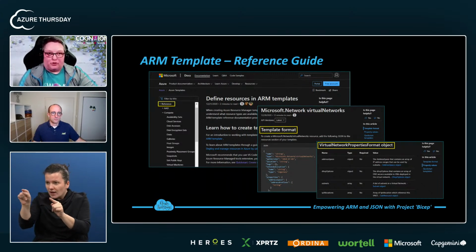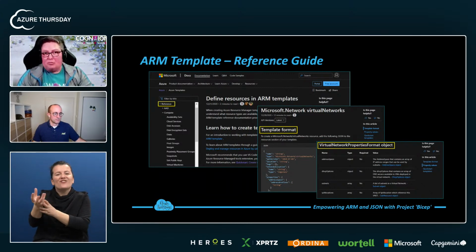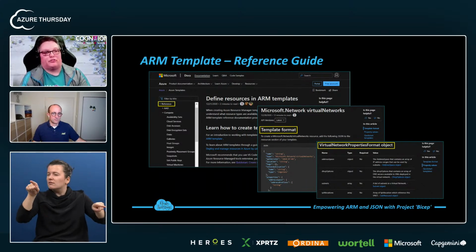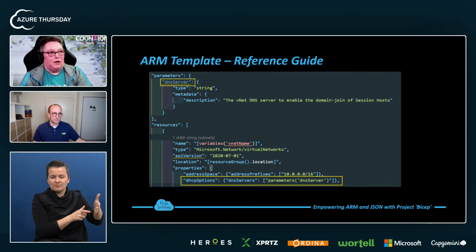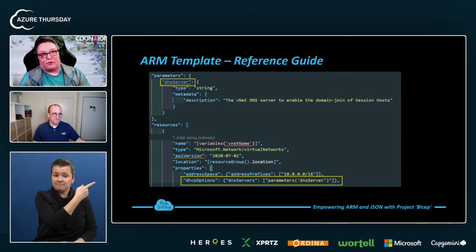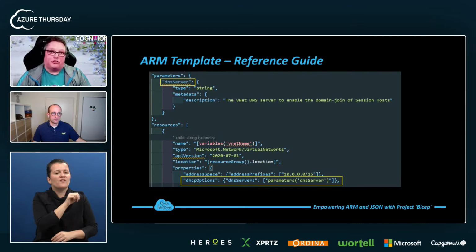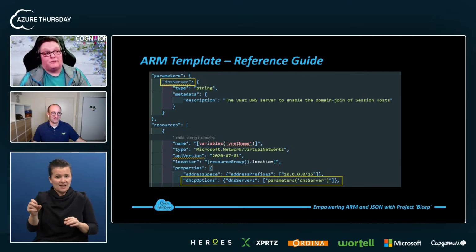So that should give you all the information that you need to make whatever customizations you want within the context of an ARM template. And as you see in this example, this is just a quick way for me to add a DNS server registration to my VNet, which is one of the prerequisites for deploying a WVD environment.